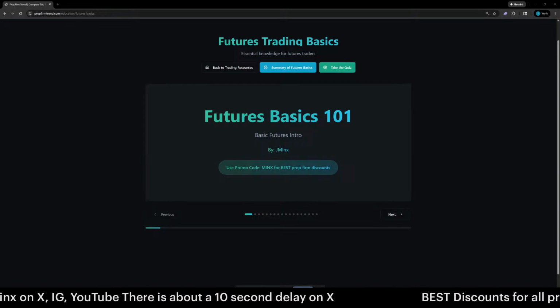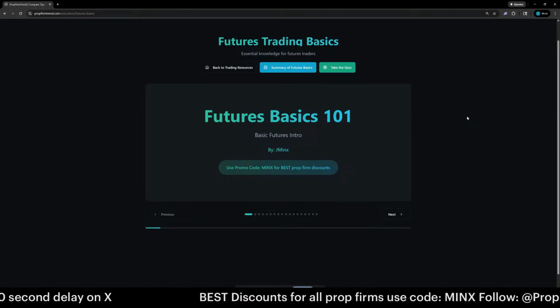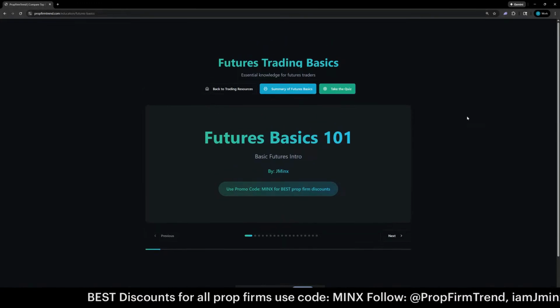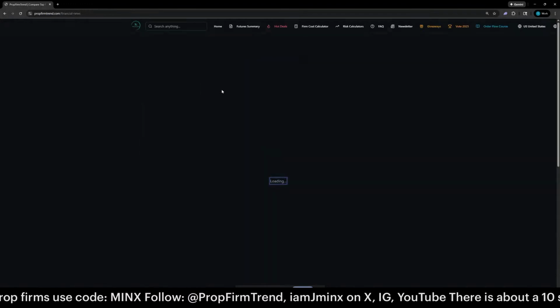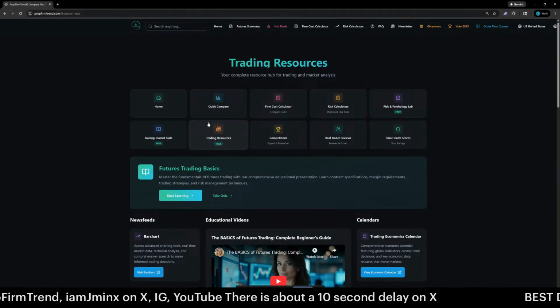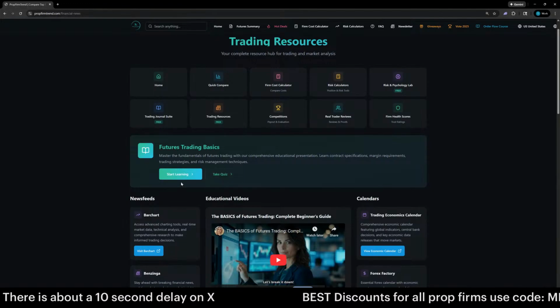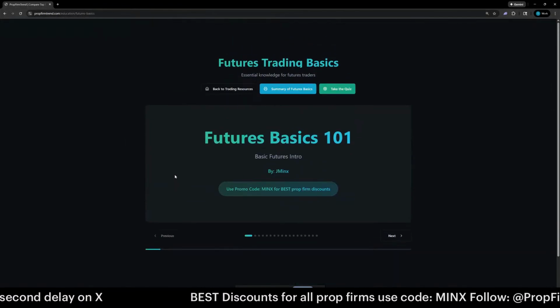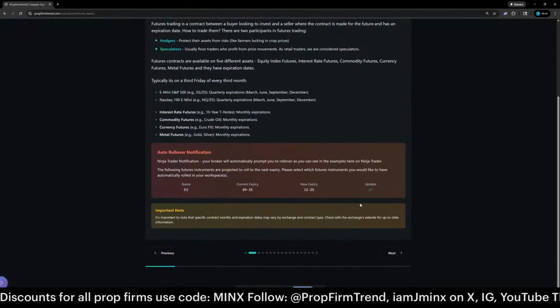Okay, I'm going to do this a little bit differently. For those of you that are brand new to futures, I'll do this another time, but you can go to propfirmtrend.com. This is all free. Click on trading resources and you can click on start learning and go through all of this.